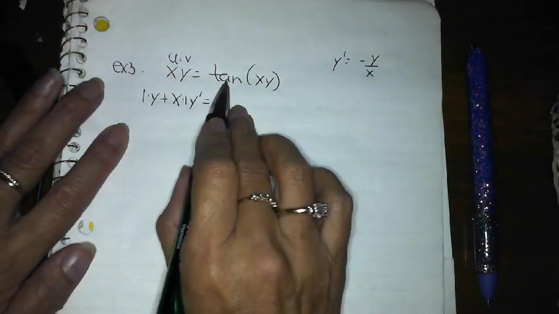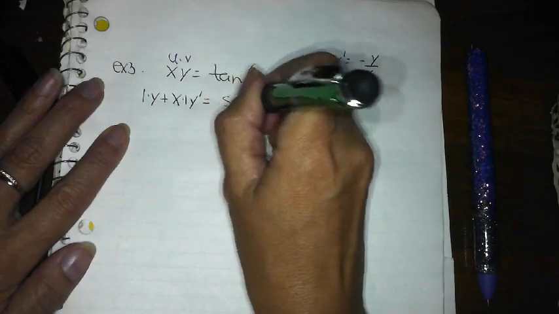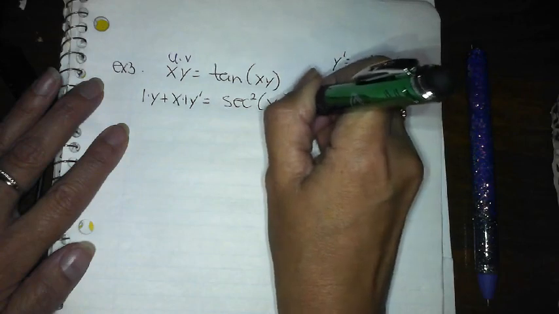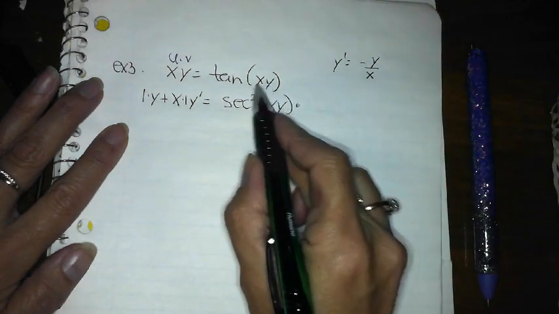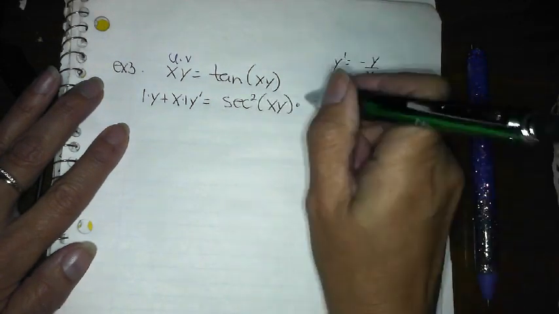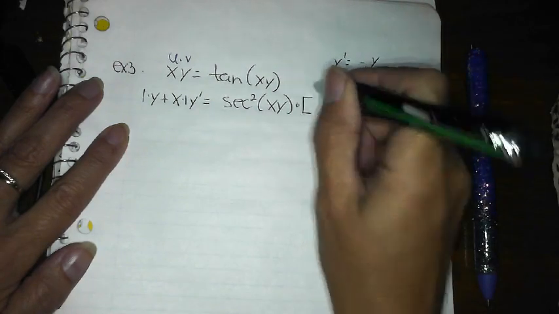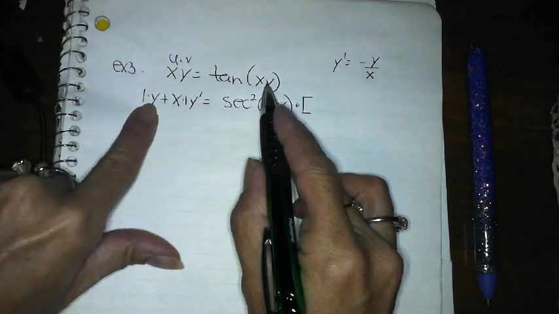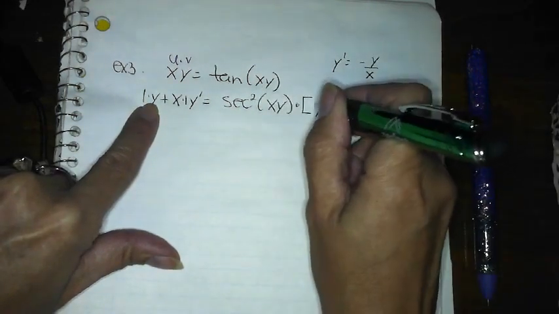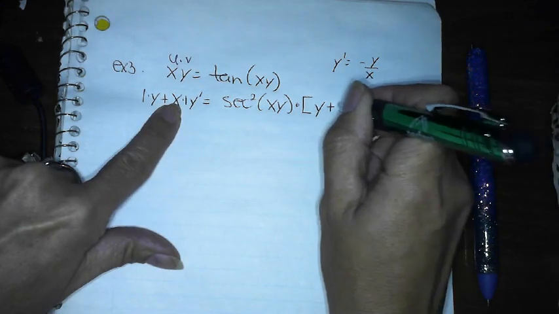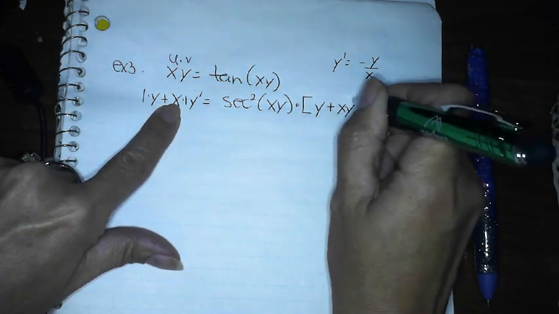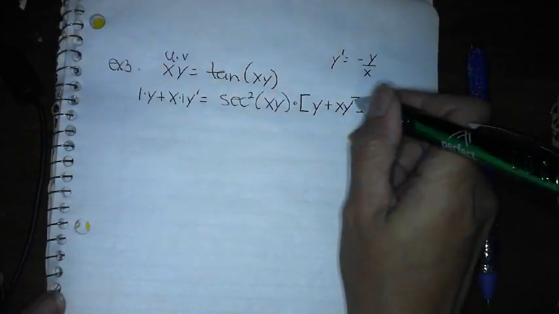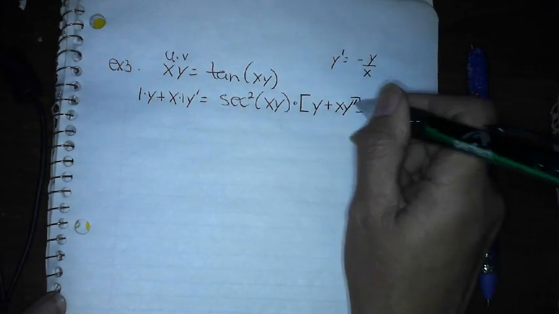Now we're at tangent's derivative, that's secant squared, keep the angle, and then multiply by the derivative of the angle. That's a product rule. That has 2 parts to it. But I already did this derivative over here. So I'm just going to copy it. It's y plus xy prime. I'm not going to think about it again because it's exactly the same. Oh, y prime, make that more distinctive there.